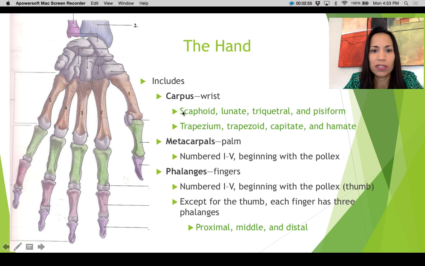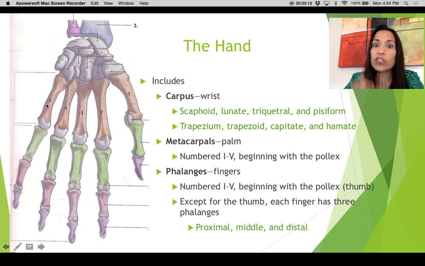So look, scaphoid is Sally, left the party to take Carmen home. Please share in the class discussion your own mnemonics or funny ones.